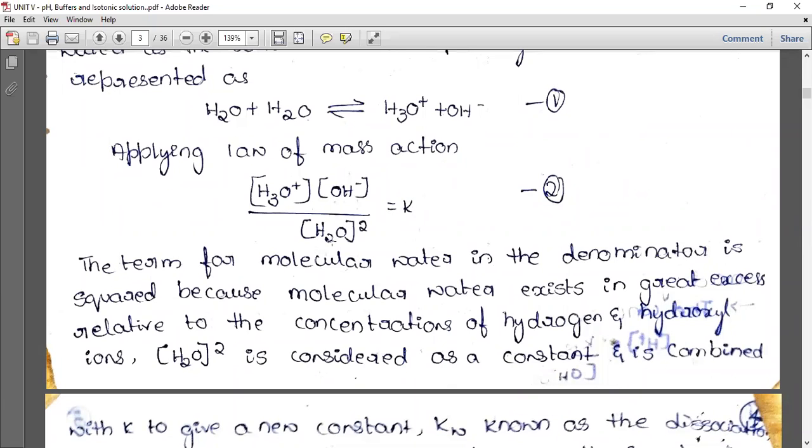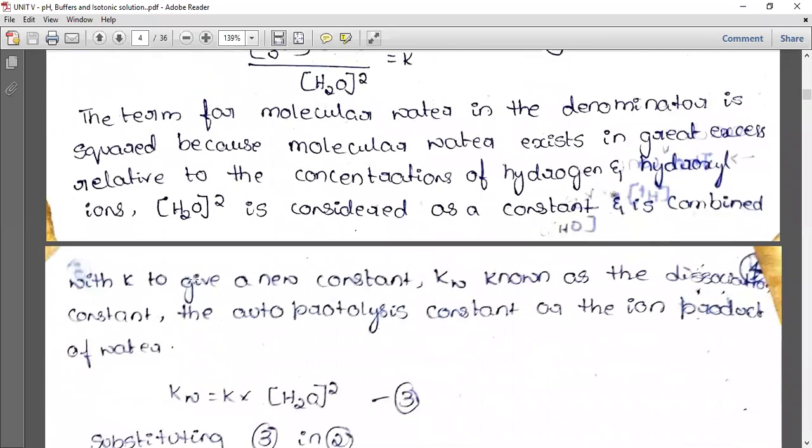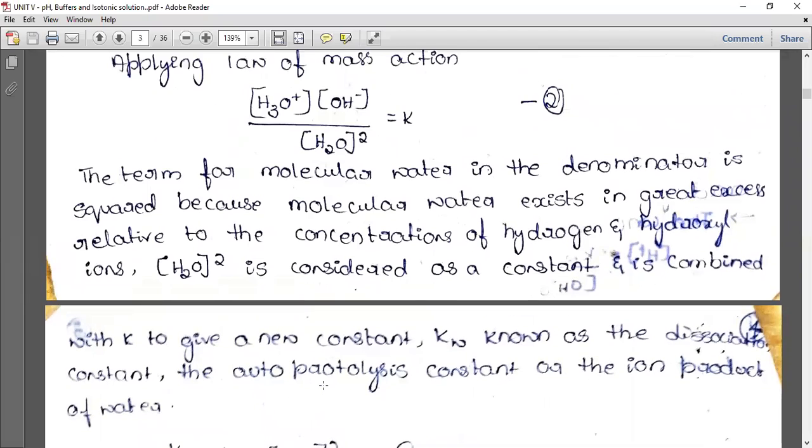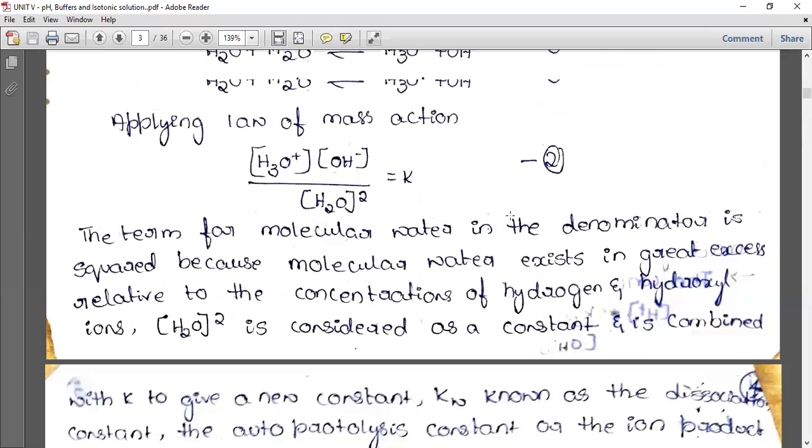So K along with H2O twice is equal to H3O plus into OH minus. This gives a new constant known as Kw, which we call the dissociation constant, also known as the ionic product of water. We'll call this equation 2.